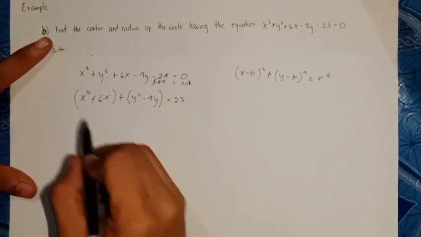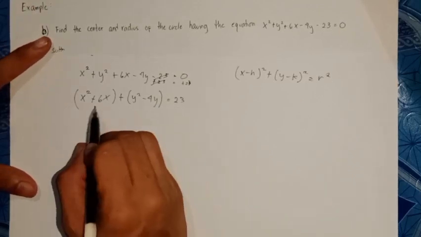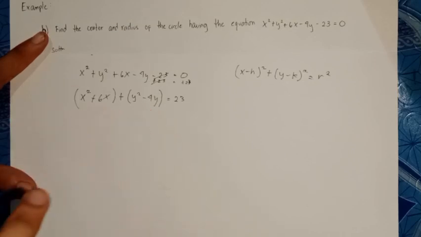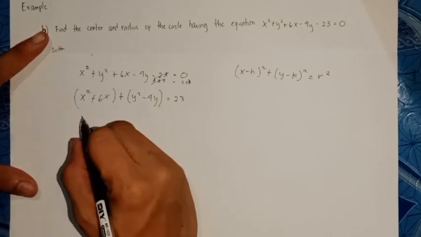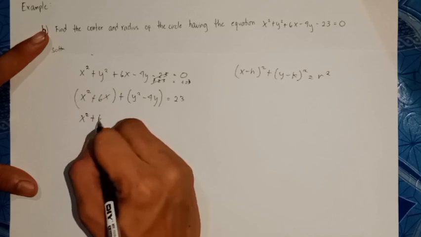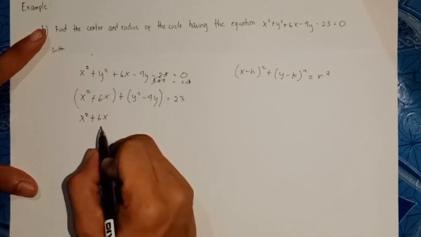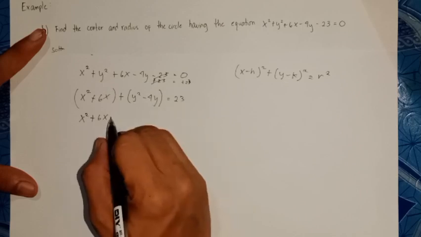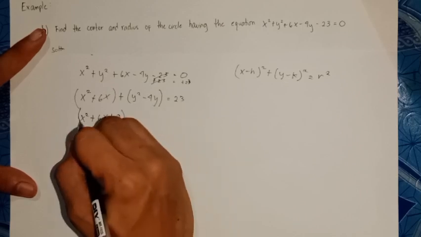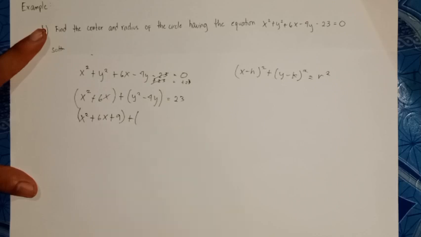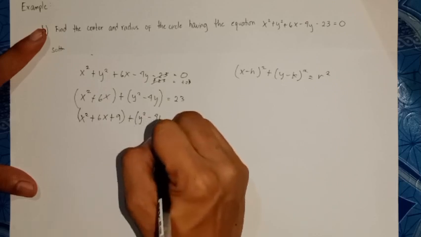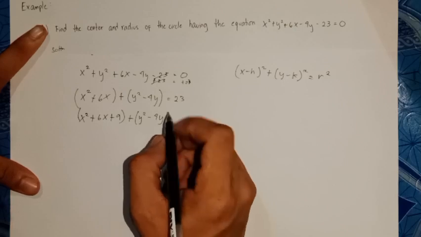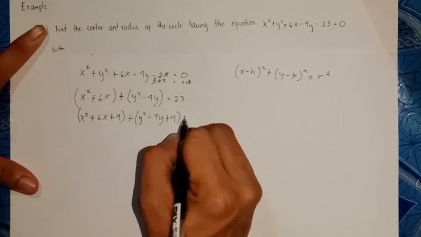Next, as you can see, we can complete the squares. We have x squared plus 6x, 6 divided by 2 is 3, 3 squared is equal to positive 9, plus y squared minus 4y, 4 divided by 2 is equal to 2, 2 squared is equal to positive 4, is equal to 23.